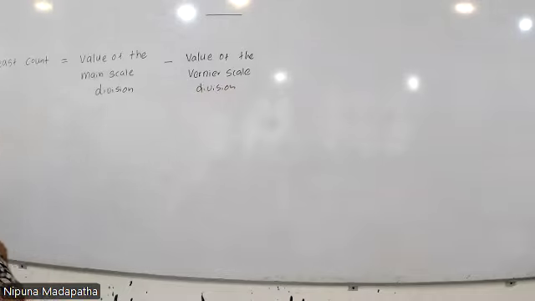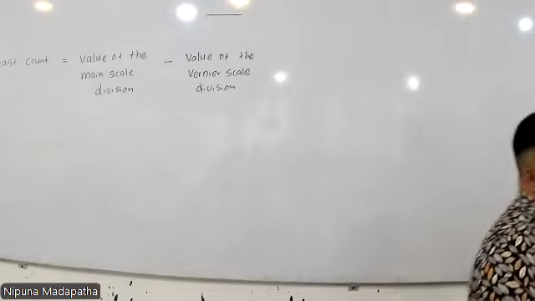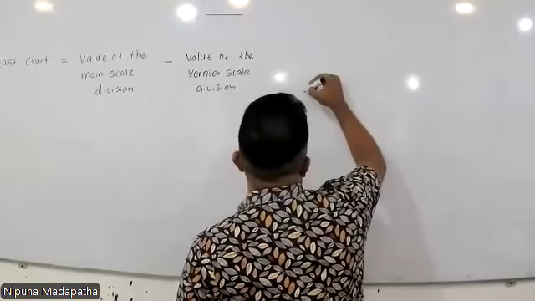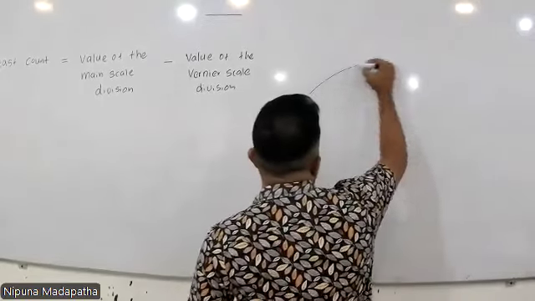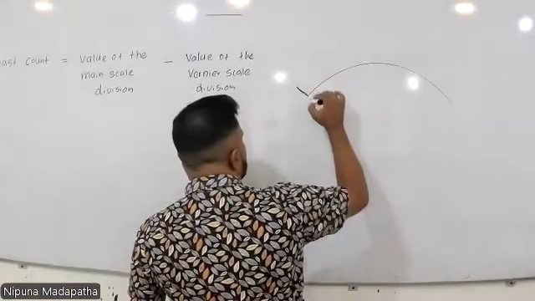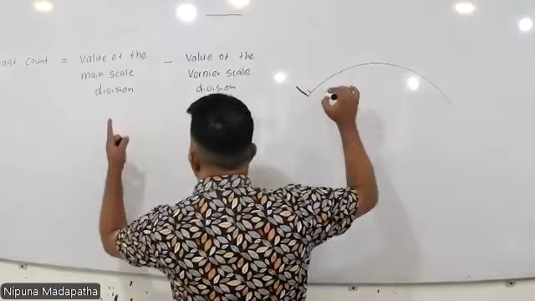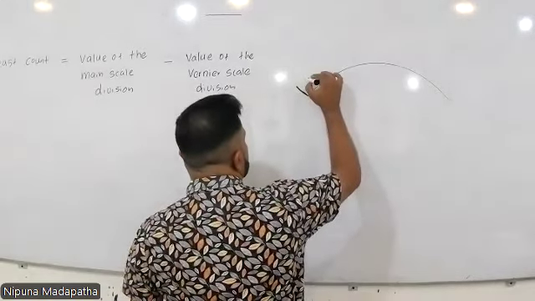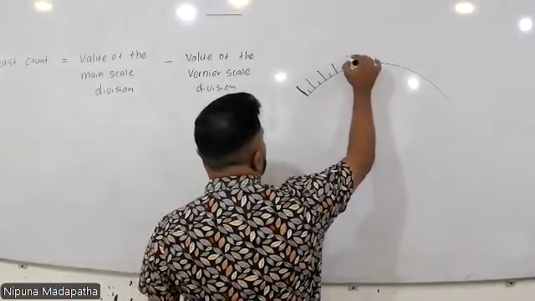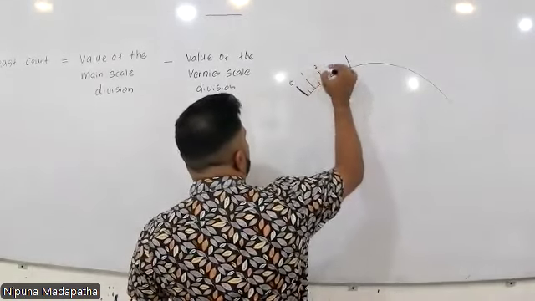So let's take an example. Normally in spectrometers, the main scale is calibrated in half degrees, which means the value of a main scale division is 0.5 degrees. If we have the 0 mark here, this is 0.5, then 1 degree, 2 degrees, like that.